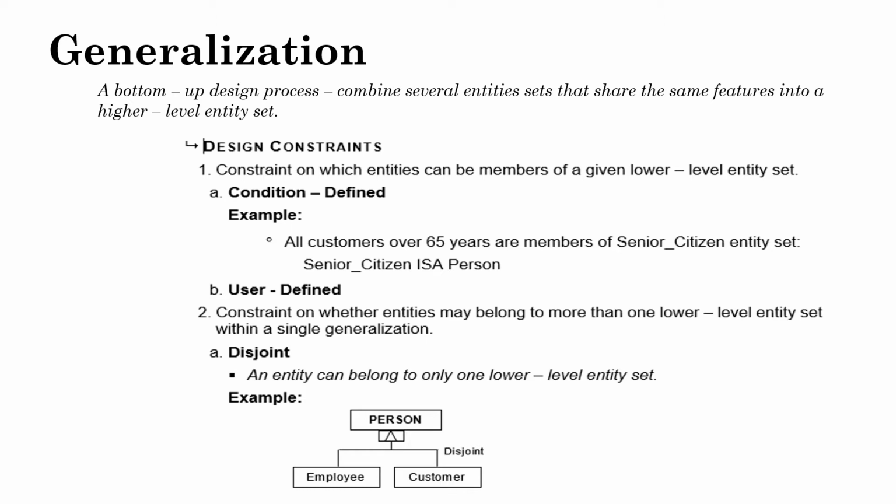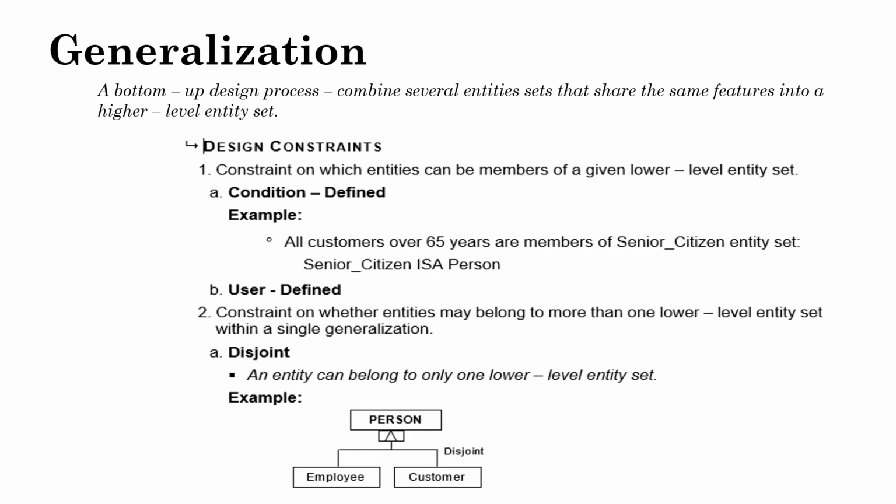This process is repeated further to make advanced level entities. Properties are drawn from particular entities, and thus we can create the generalized entities. We can summarize the generalization process as combining the subclasses to form the superclasses.